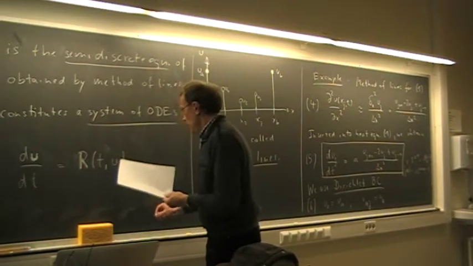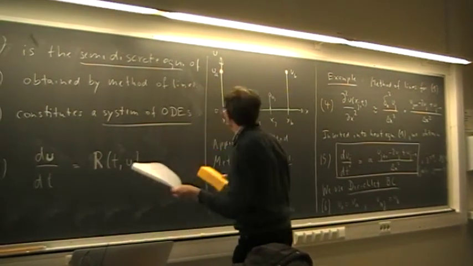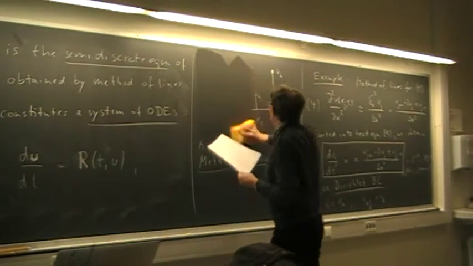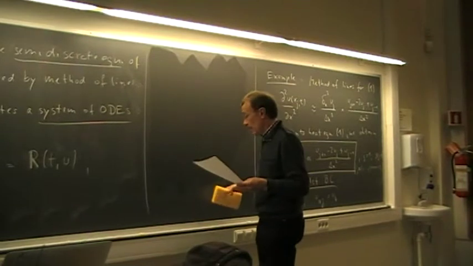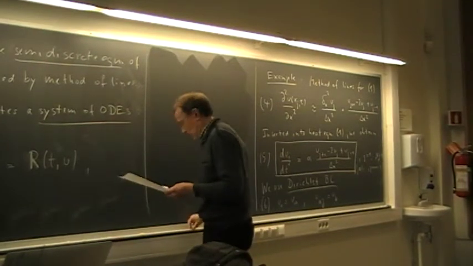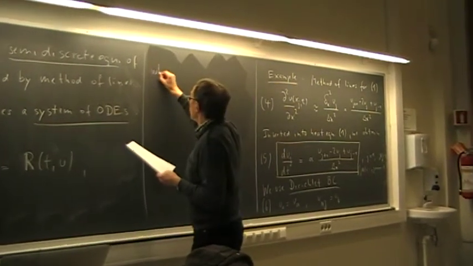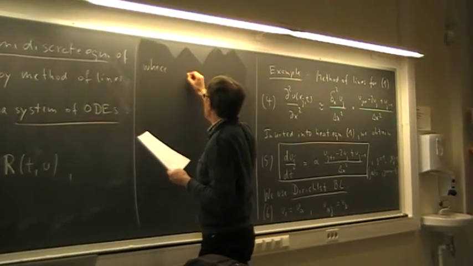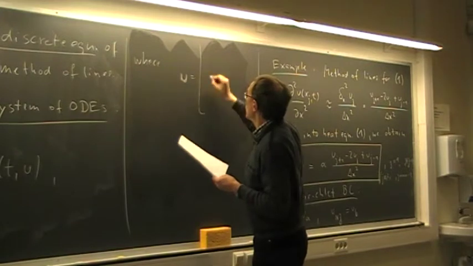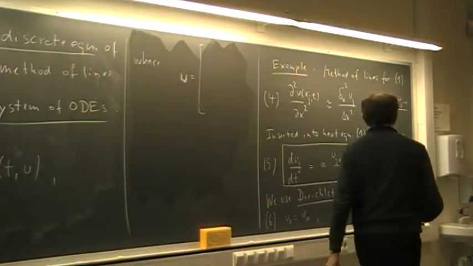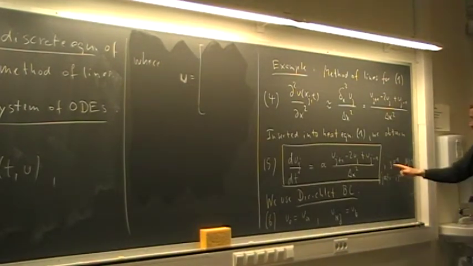And both u and R are the following vectors. So u is equal to our unknowns. What are our unknowns? You see it here.